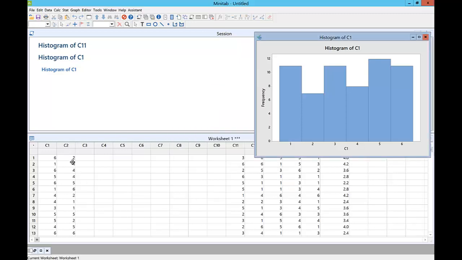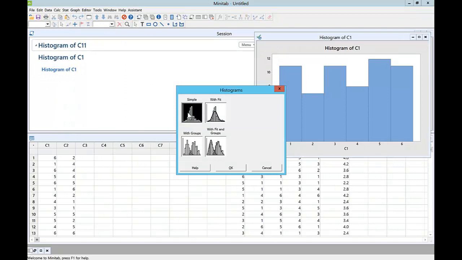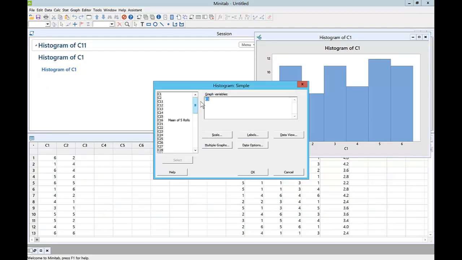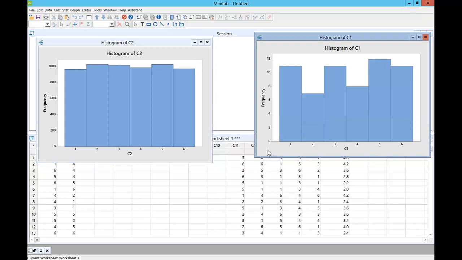So here we have C2. I won't scroll down on that, but let's look at a histogram for that as well. Change that to C2 and say OK. And this looks a lot more like what we would expect to see, a uniform distribution.